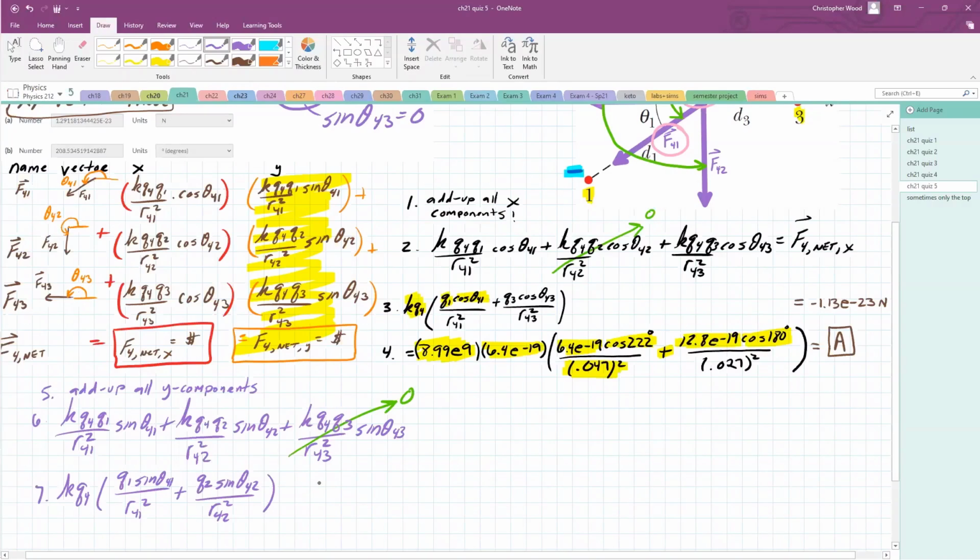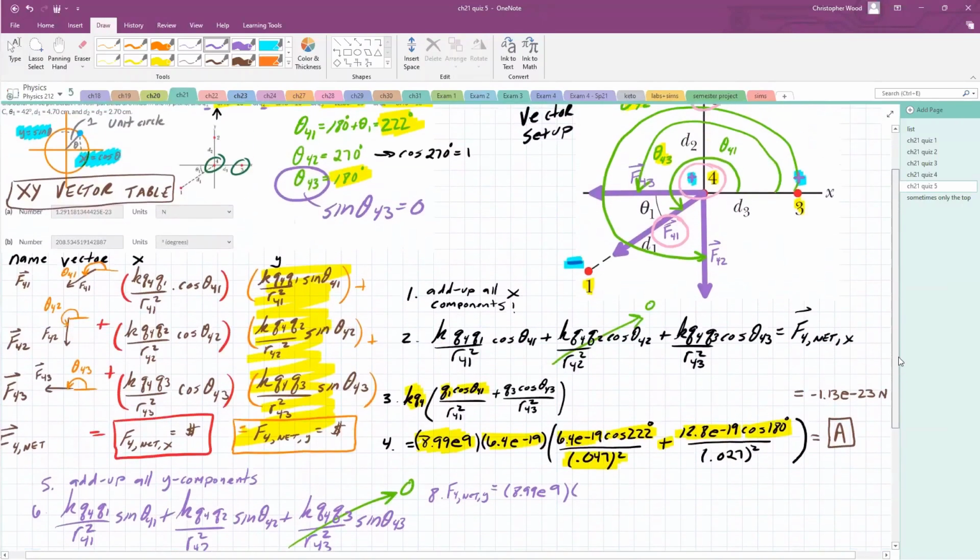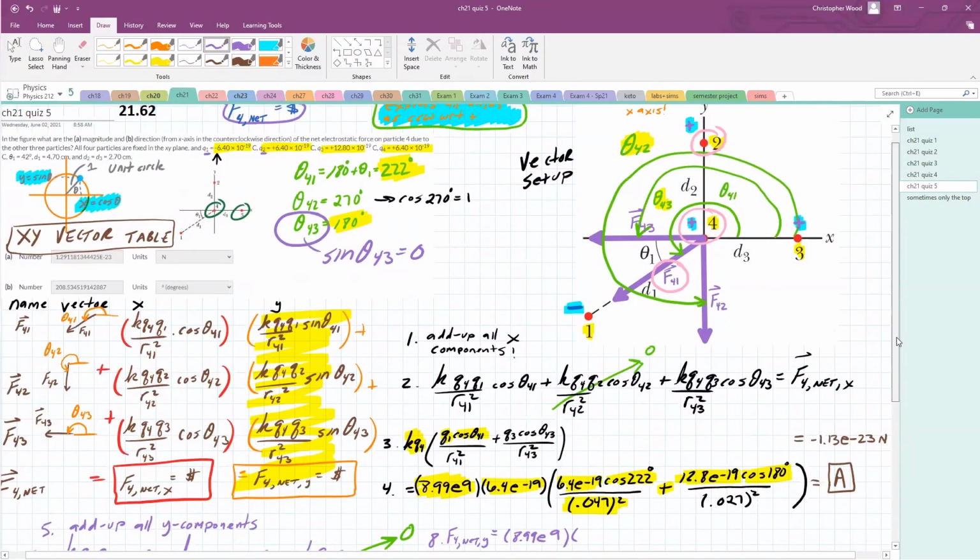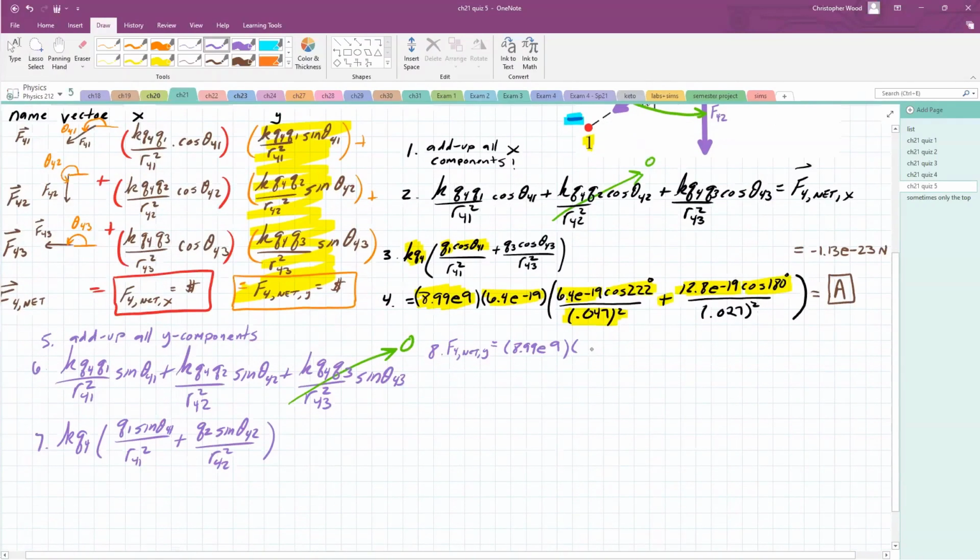All right, so with numbers, step 7, step 8. I'm just going to do again F for net Y. So with numbers, it's going to be largely the same, 8.99 times 10 to the 9th newton meter squared per coulomb squared times Q4, and this again is going to help me sanity check. I think I know Q4 is in fact 6.4 E minus 19.